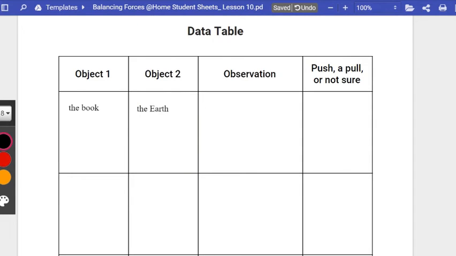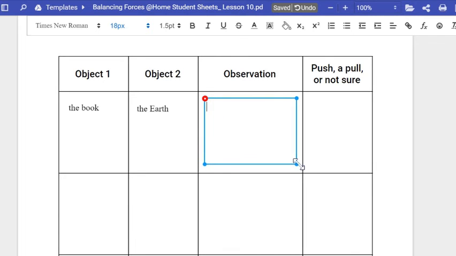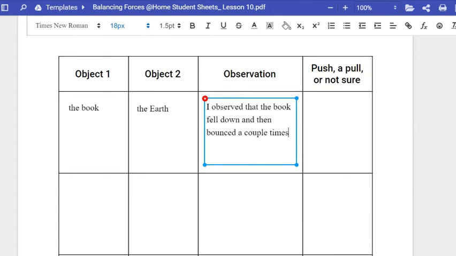And now I'm going to write what my observation was. So for this, we always start with I observed that the book fell down and then bounced a couple times.